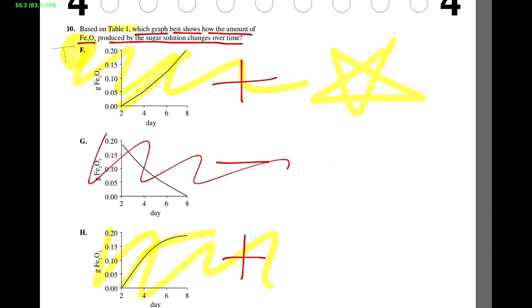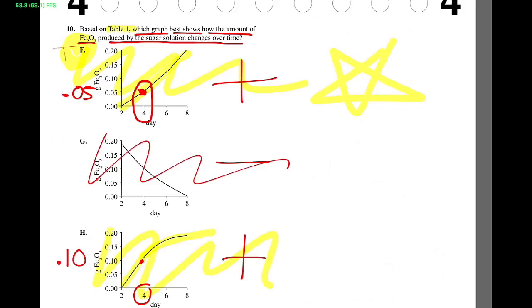So for me, I would probably look at where is the place where the numbers seem to be the most different in those two charts. So here on day 4, it looks like the rust is about 0.05. And here on day 4, it looks like the rust is about double that, or 0.10.